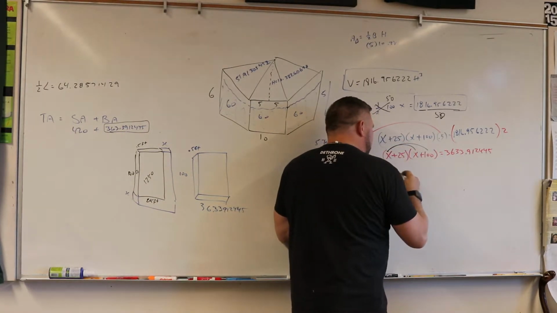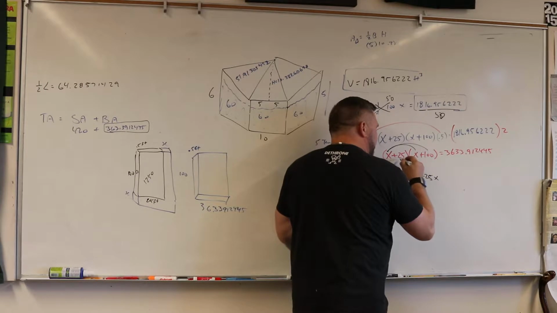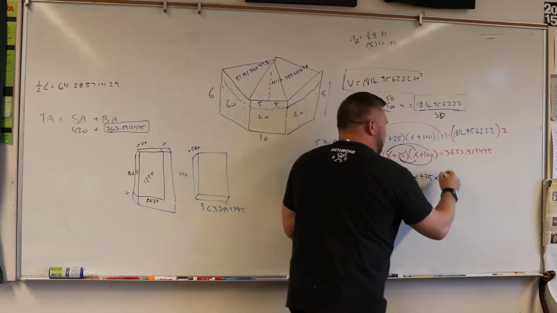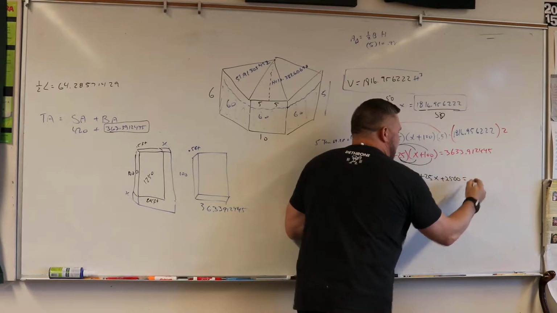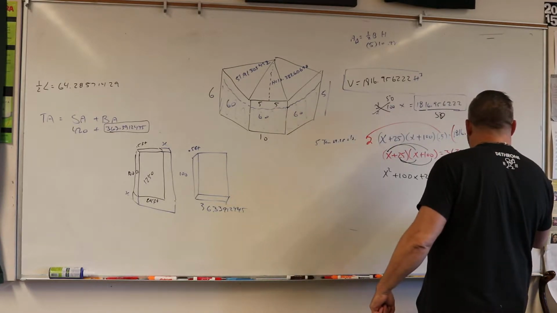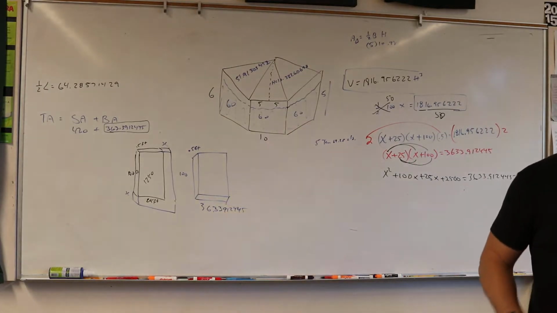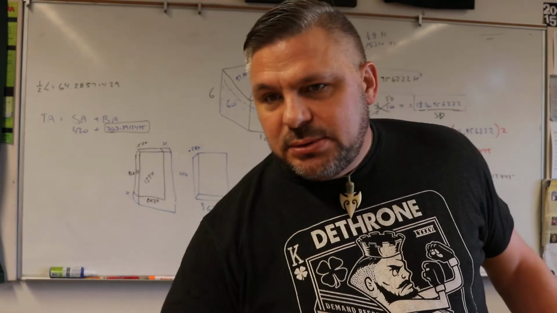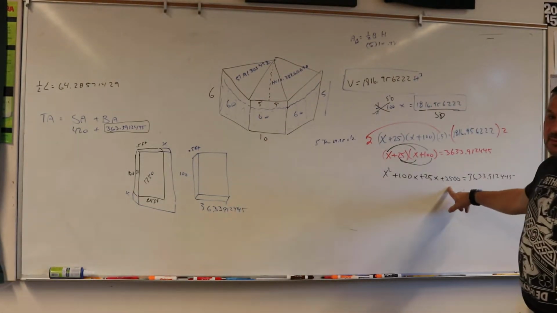X times 100 is 100x. 25 times x is plus 25x. And 25 times 100 is plus 2500. And that equals this 3633.912445, right?